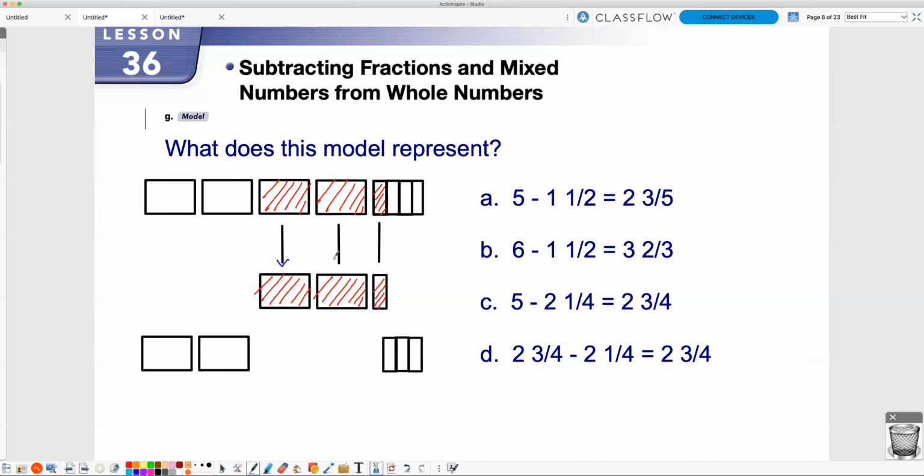So if you were to recognize that this is like arrows drawn here, so 5 minus 1.5 equals 2 3/5, or is this 6 minus 1.5 equals 3 2/3, or is this letter C, 5 minus 2 1/4 equals 2 3/4, or is this letter D, 2 3/4 minus 2 1/4 equals 2 3/4?